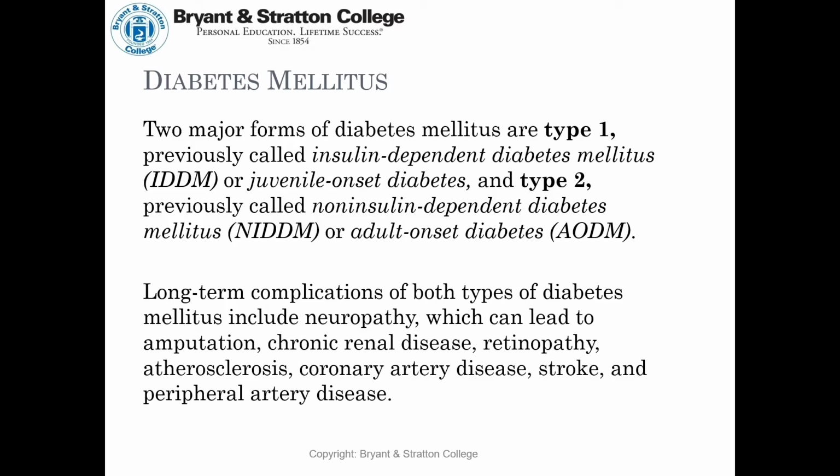Very unfortunate. Now, type 1 can't be reversed. Type 2 can be reversed, especially if you're in a pre-diabetic state or have a short period of diagnosis. Like you just got diagnosed, you can really turn it around.